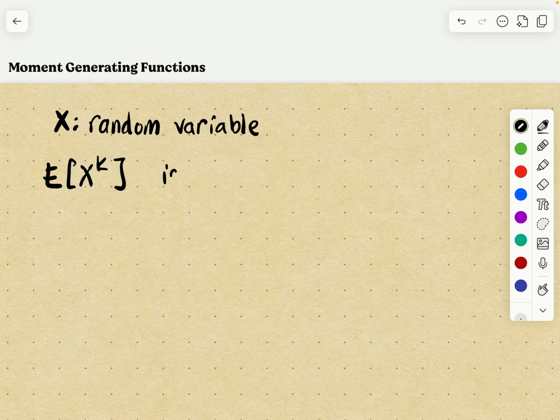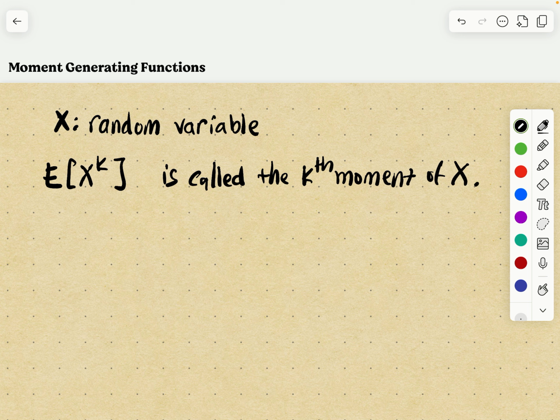This is called the kth moment of x. So when k is 1, it's just the expected value of x.